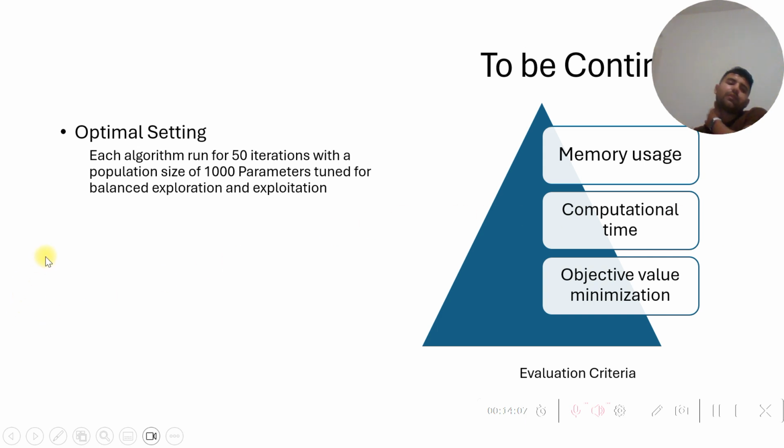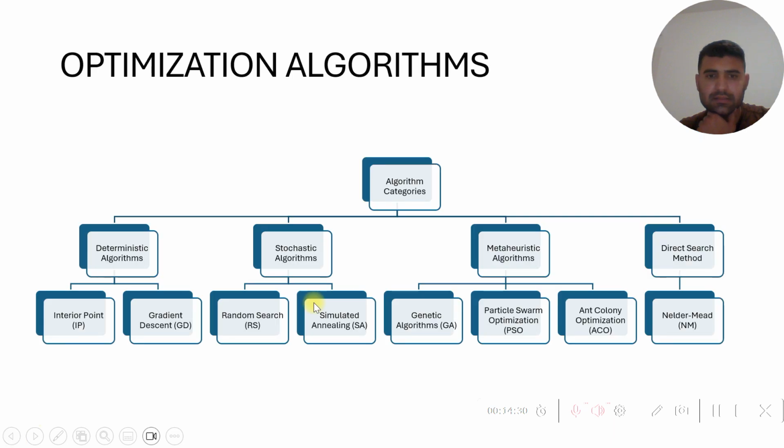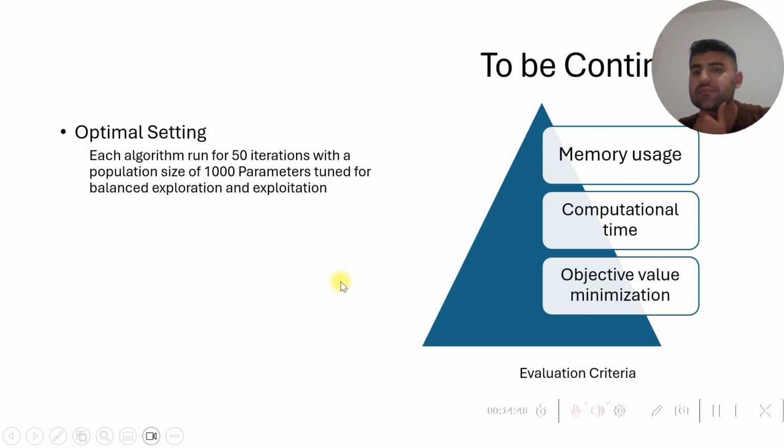About the optimization methods, all the methods which we apply, we run with 50 iterations each, with a population size of 1000 parameters for balancing exploration and exploitation. For the metaheuristic algorithms, genetic algorithm and particle swarm optimization, we have a fixed 1000 iterations, and for the others we have 50 iterations.